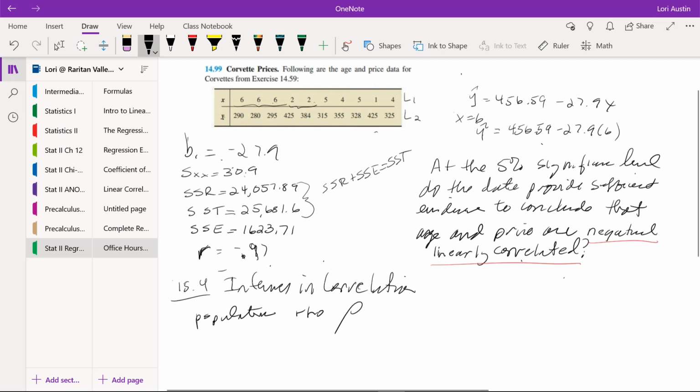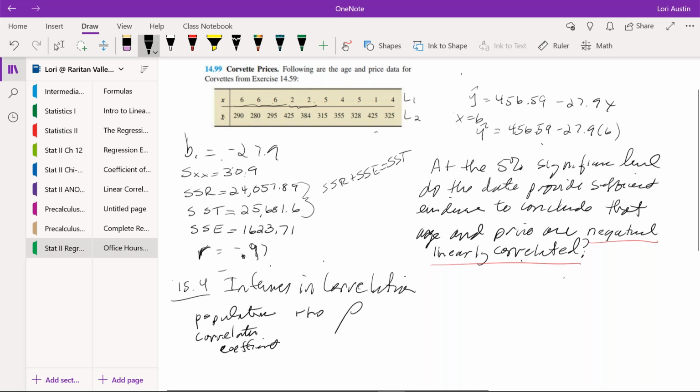So R is the point estimate for the population linear correlation coefficient rho. It's not a P, it looks like a P, but it's definitely not a P, it's the Greek letter rho. So that's the population correlation coefficient, where R is the sample correlation coefficient, okay?